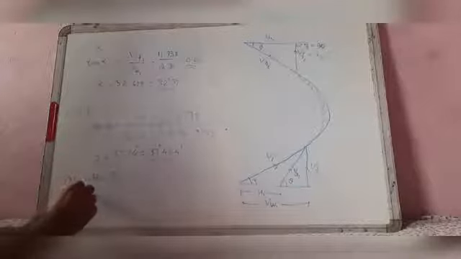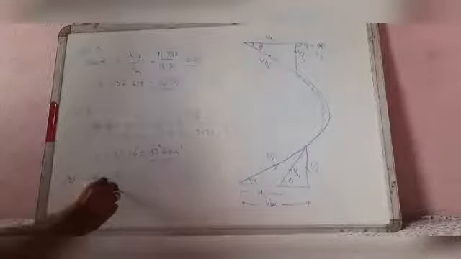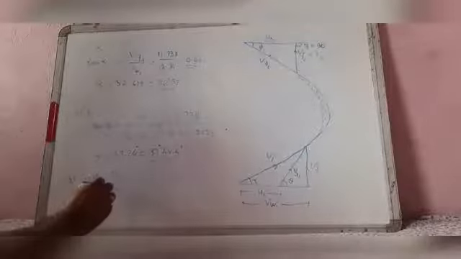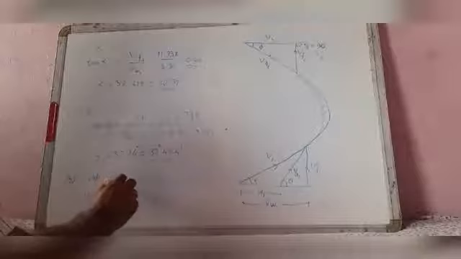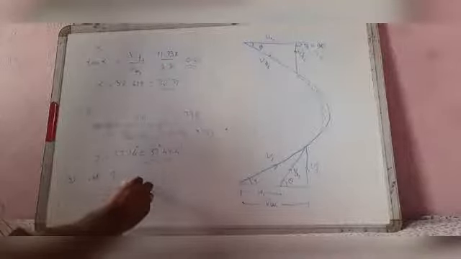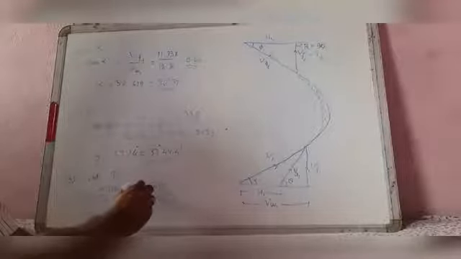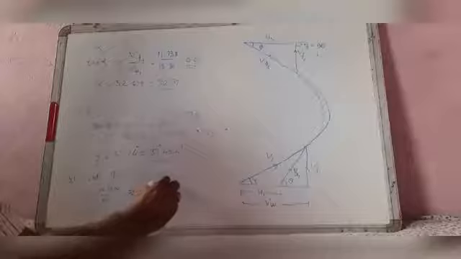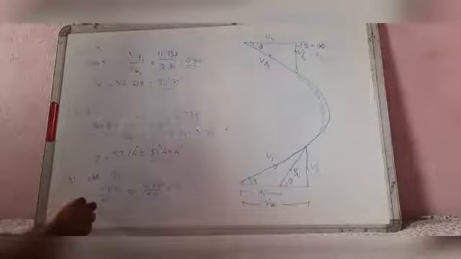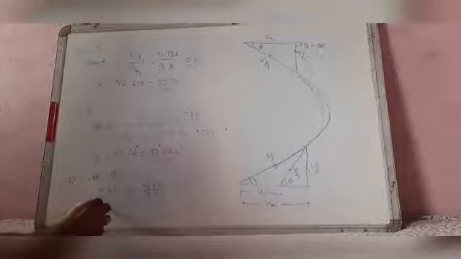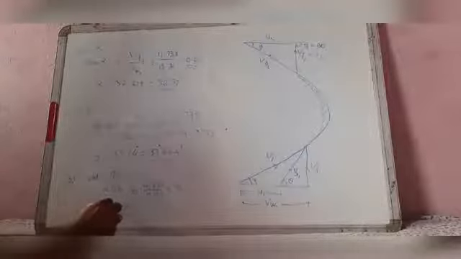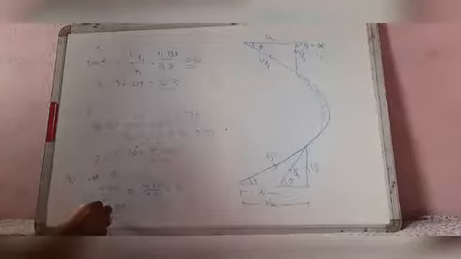U1 equal to pi D1 N by 60, so D1 equal to 60 into U1 by pi N. Putting the values, 60 into 3.179 by pi into N, which is given 150.